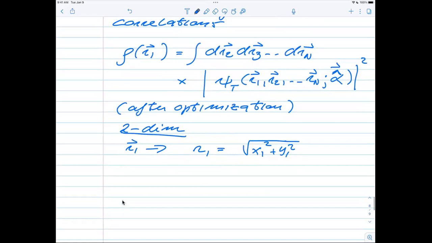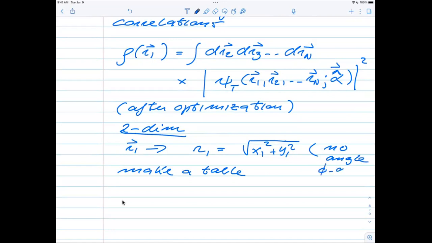So what you would make then is a table. And the state which we are going to look at is the ground state, which means that we have no angle dependence in our case. So there is no angle dependence, no phi dependence, in the wave function.